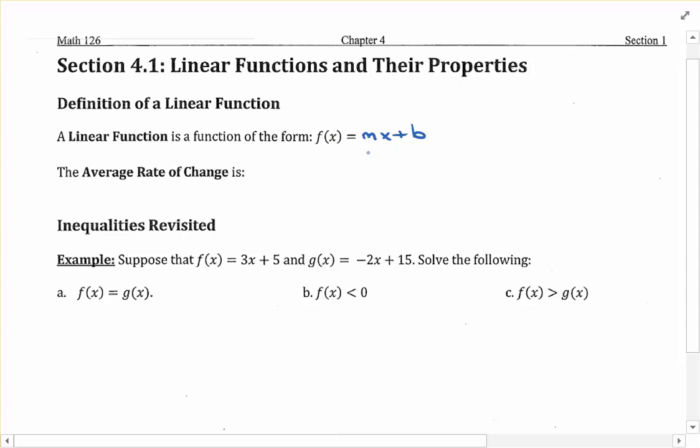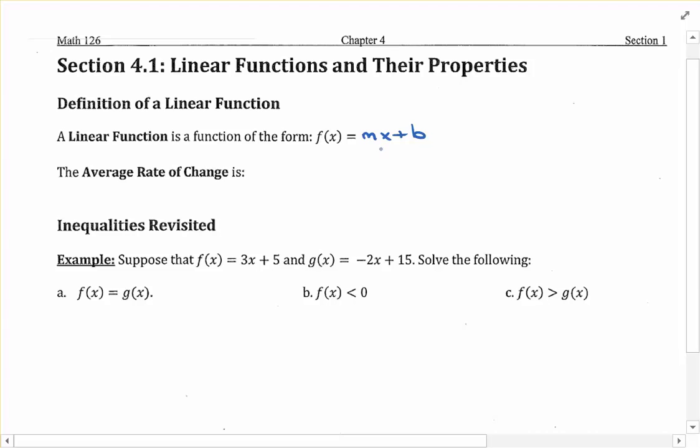Alright, so I just want to let you know that linear equations are functions in disguise because, as soon as we have values of m and b, if we choose a particular value of x and plug it into the equation y equals mx plus b, you're only going to get one output. So the linear equation satisfies the definition of a function in the sense that no matter what value of x you choose as your input, you're always going to get exactly one output. Therefore, a linear equation is also a linear function.